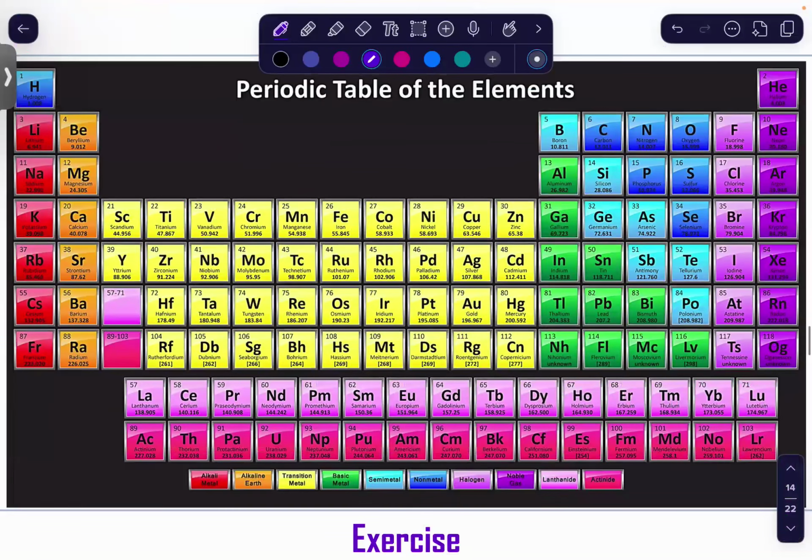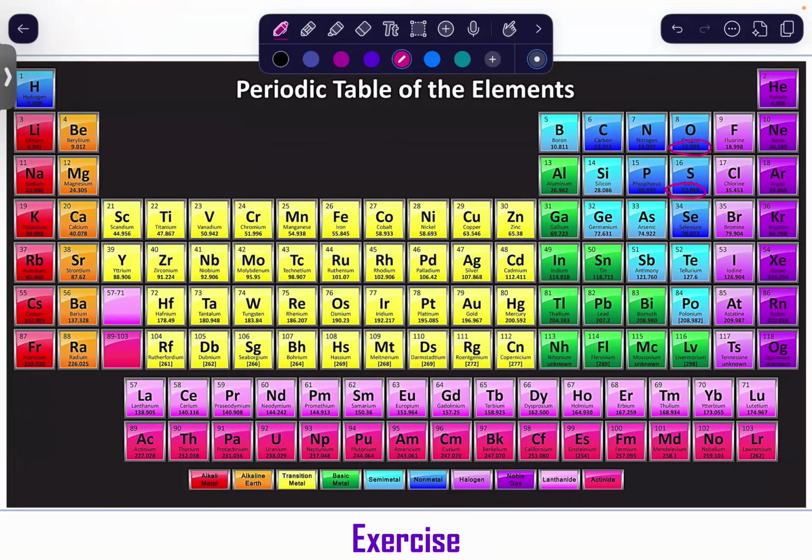And I put this on here for you to look at. So you see the mass number there. This will be more visible. 24.31 grams per mole. Sulfur is going to have a mass number of 32.07 grams per mole.